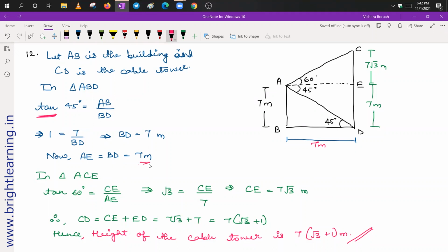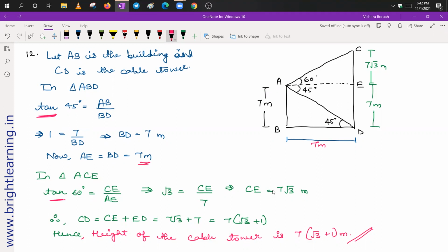Now next, again we have taken this triangle. This length we know, and the angle we know. Again, to find this length we use the trigonometric ratio tan. So tan 60 degrees is equal to CE upon AE. Tan 60 degrees is root 3. CE we have to find, and AE we know is 7.